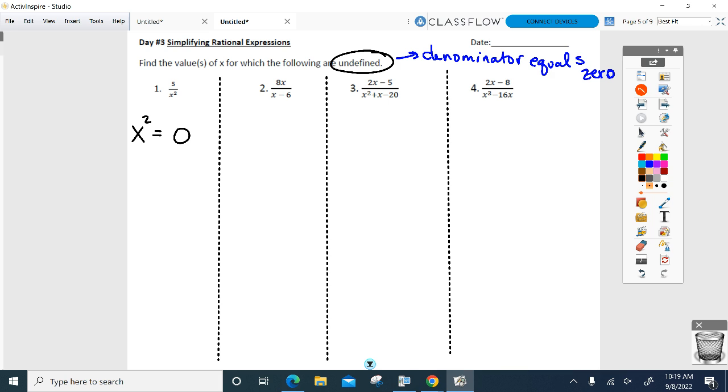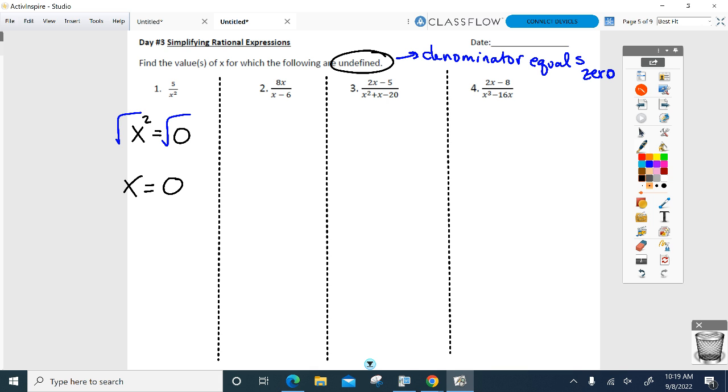How do I get x by itself? I didn't think this was too bad. How do I get rid of a square? Square root. Take the square root. Everyone remember that? Take the square root on both sides. So for this one, this fraction will be undefined when x equals square root of 0.